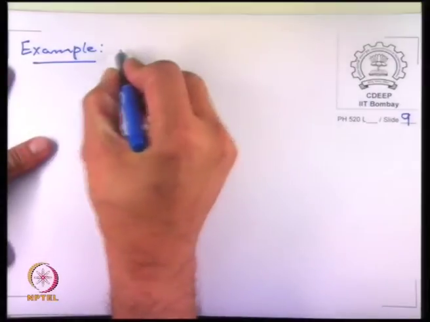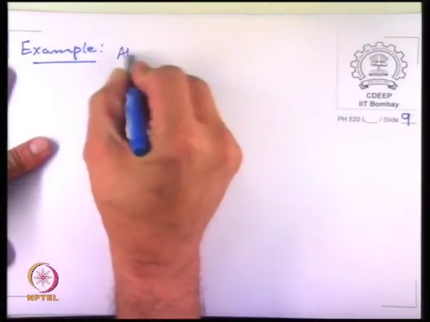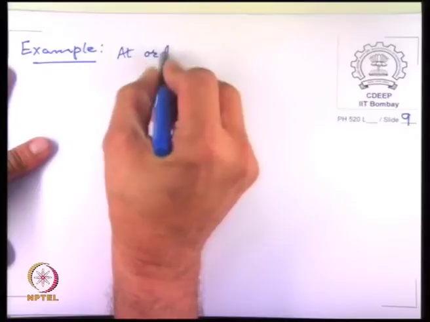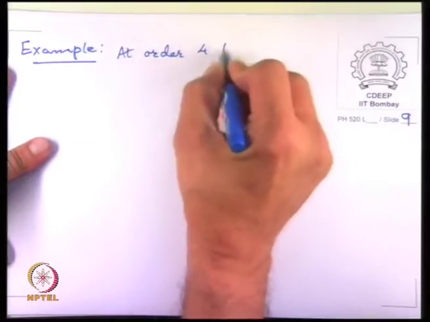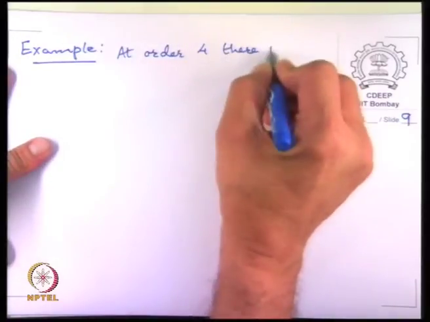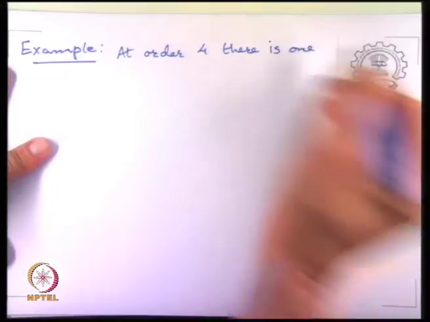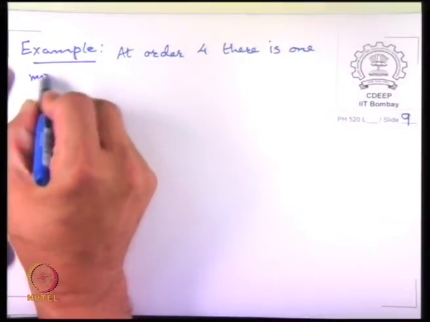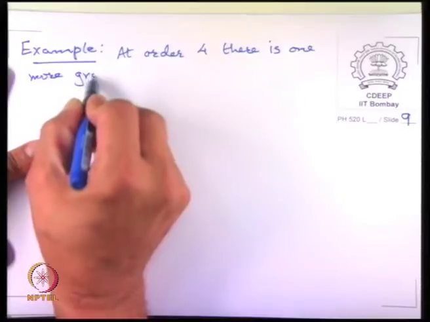So at order 4 there is one more group, called the 4 group.